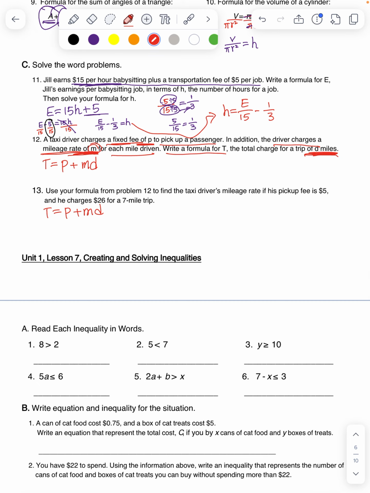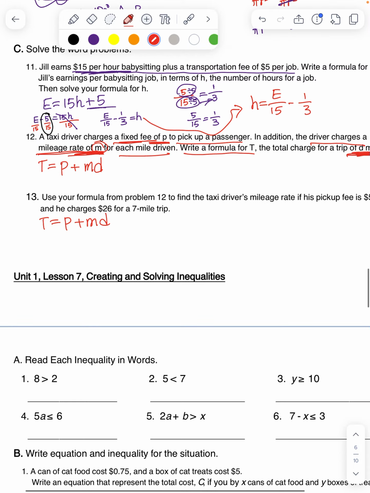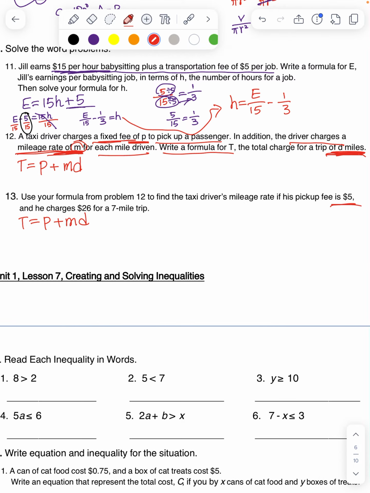So the pickup fee is 5. I'm going to replace P by 5. He charges 26. The total charge is 26. 7-mile trip, 7, that's the distance.